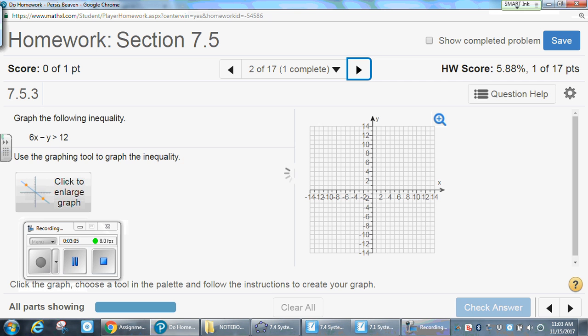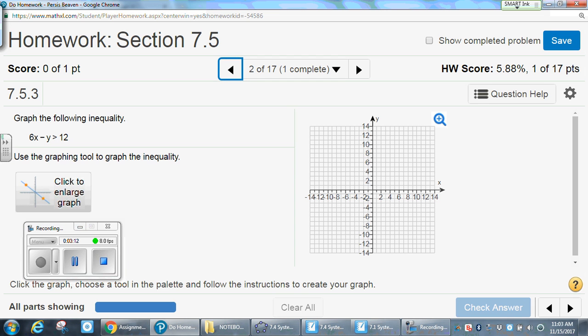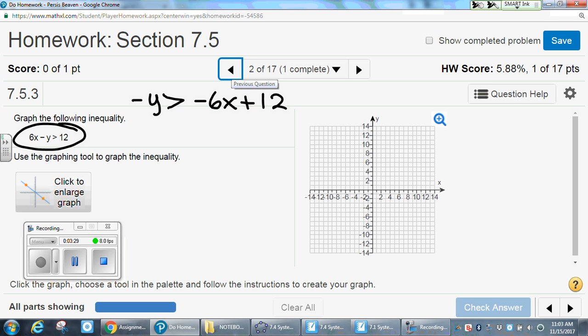So problem number 2, it is the same thing. Well, that's 3 actually. My problem number 2, I have that inequality. You could do several things, but if you leave the negative y there, and then you say negative 6x plus 12, the coefficient of the y is negative 1.